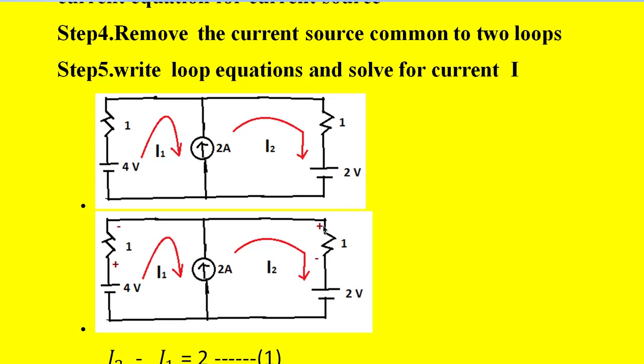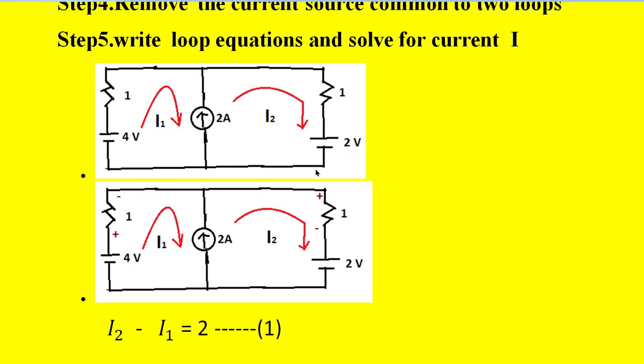Entering the passive element is treated as positive polarity, and leaving the 1 ohm resistor is the negative terminal. So because I2 is entering the 1 ohm resistor, we put plus polarity here and negative here. Whereas this 2 volt source has a fixed polarity. This is always positive and this is always negative.